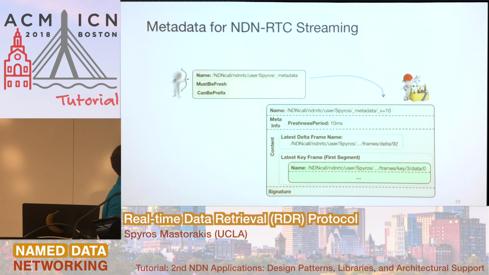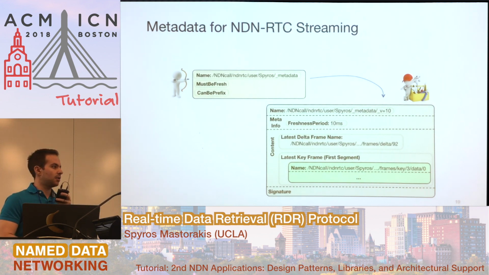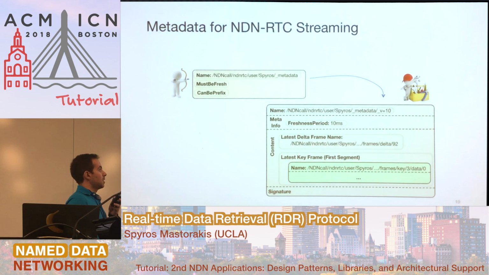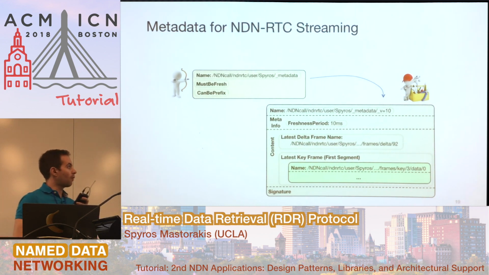As you can see, the metadata in the meta info section has a relatively small freshness period, and I will get into the trade-offs of setting the value of this freshness period. And the content has the name of the latest delta frame and the first segment of the latest keyframe.